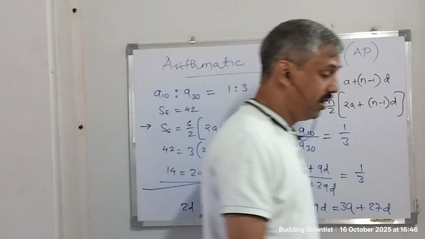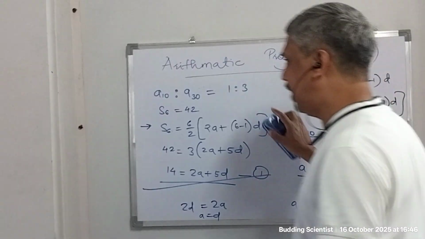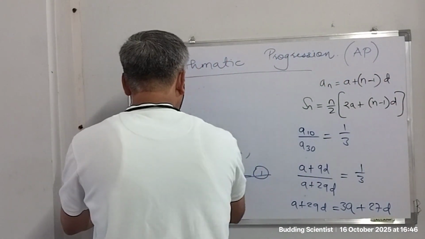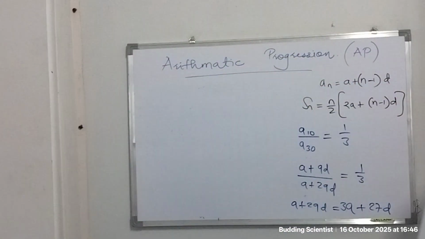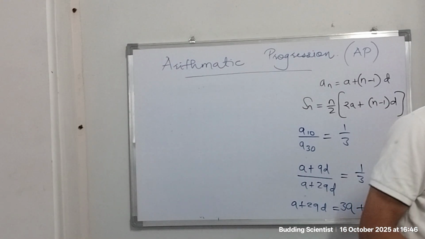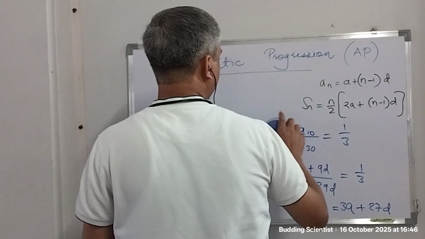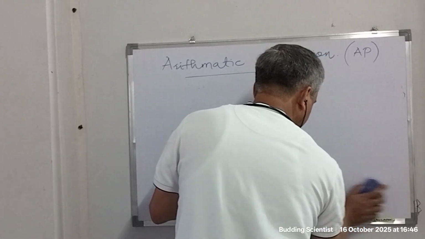Next problem is, I'll read the problem first. If the sum of first 7 terms of an AP is 49 and the sum of first 17 terms is 289, then find the sum of first 20 terms.